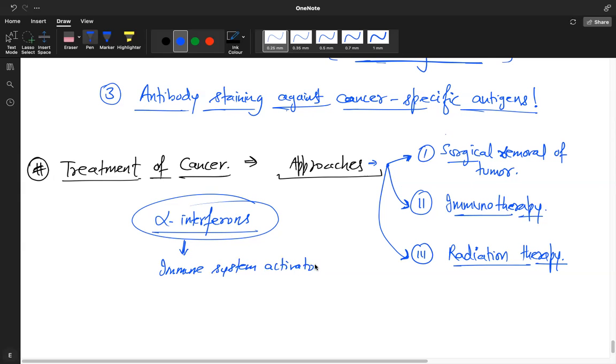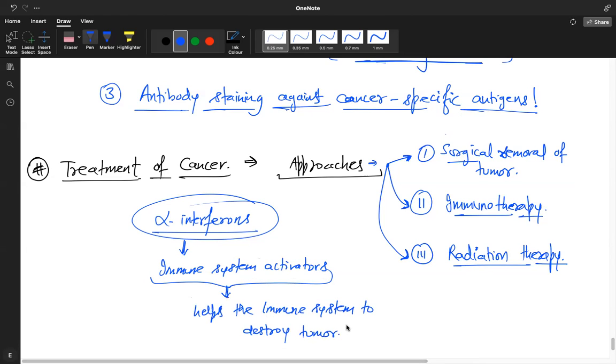They are given to people who are undergoing immunotherapy, cancer treatment, and it helps the immune system to destroy the tumor. But it's not that easy to destroy a cancerous tumor. But remember the name, okay? Alpha interferons.